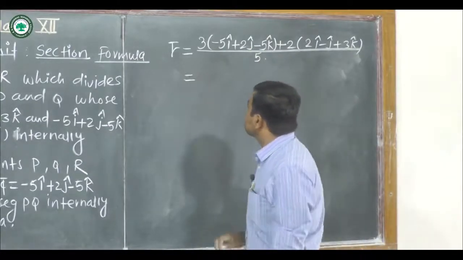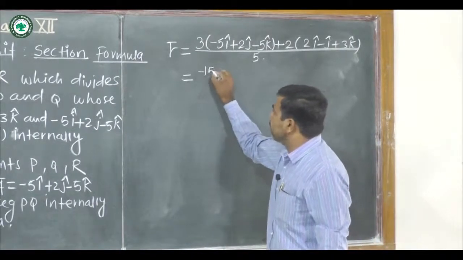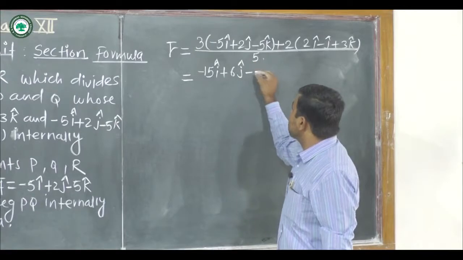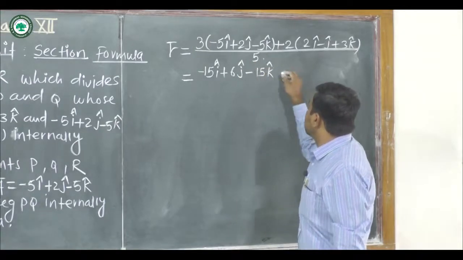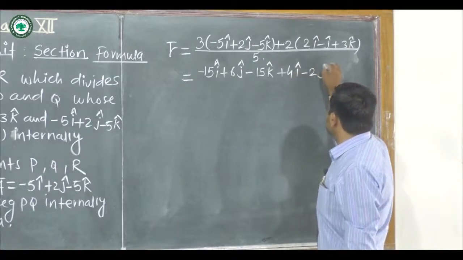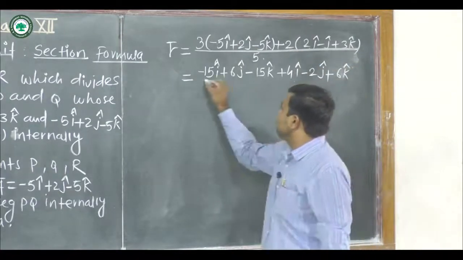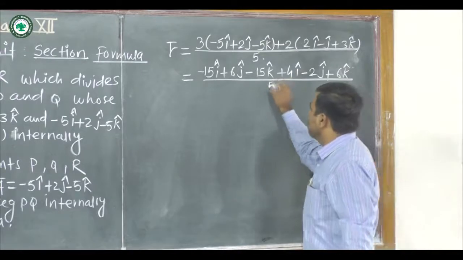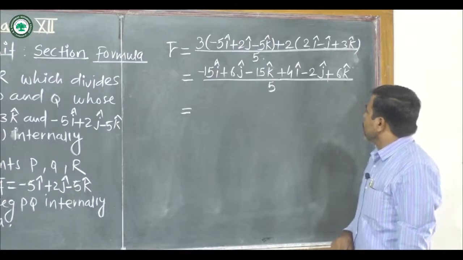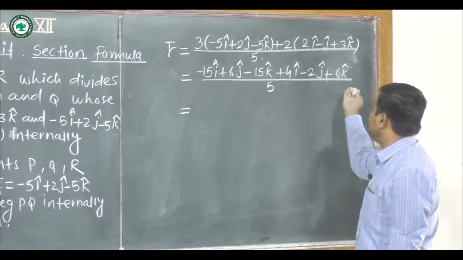Again it is equal to, multiply the first bracket by 3, so we get minus 15 i cap plus 6 j cap minus 15 k cap plus 2 into 2, 4 i cap, minus 2 j cap plus 2 into 3, 6 k cap, divided by 5. Now in the numerator, take the addition of i cap with i cap, j cap with j cap, and k cap with k cap.